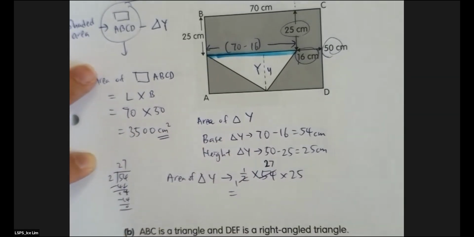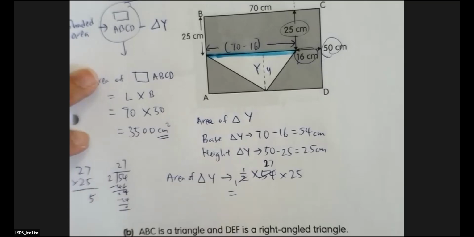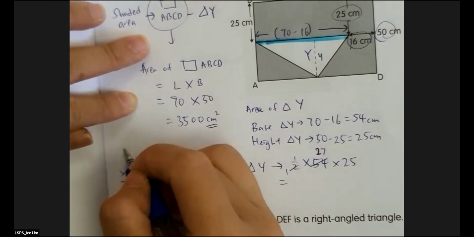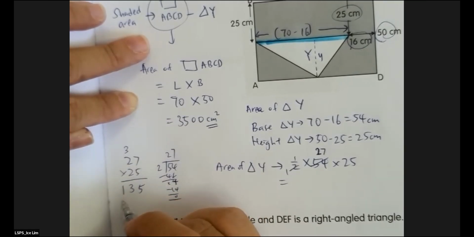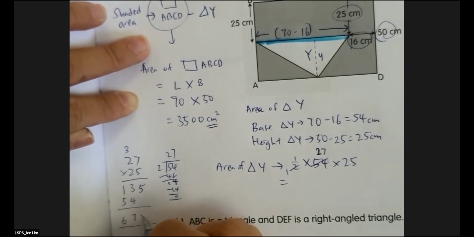Correct, 27 times 25. So 27 times 25. What do you say was the answer again? 675, that's correct.